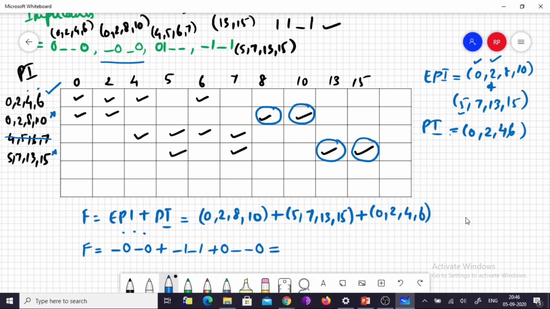So if we have a dash, that element is discarded. If I have a 0, that element is complemented. But if I have a 1, that element is taken in the normal form. So the first element is dash 0 dash 0.